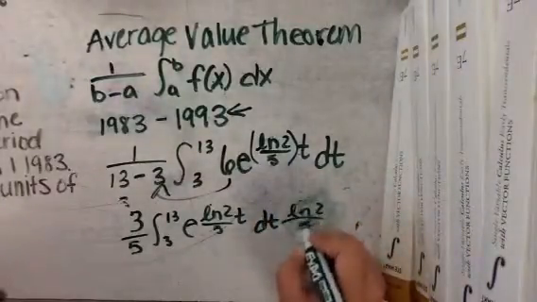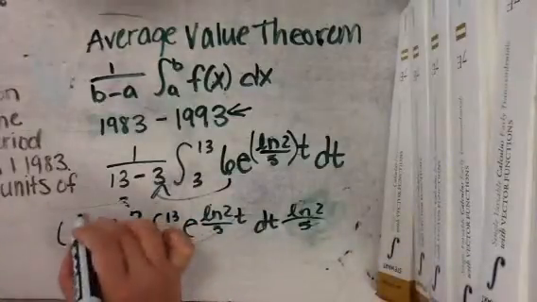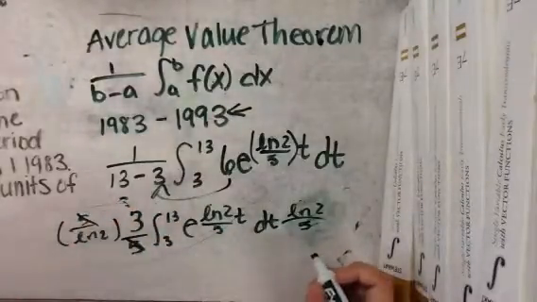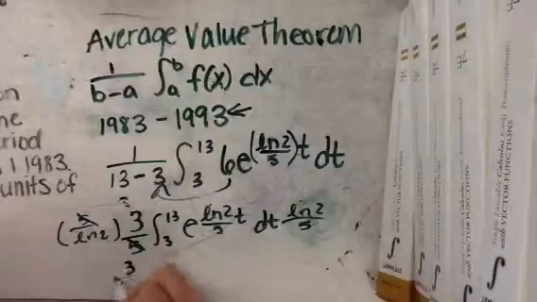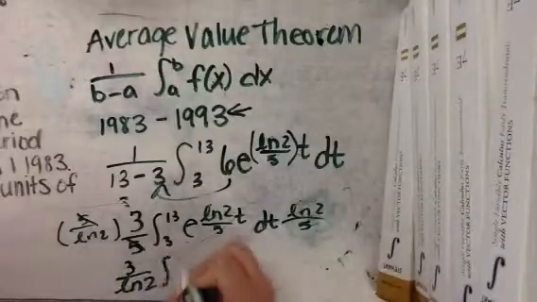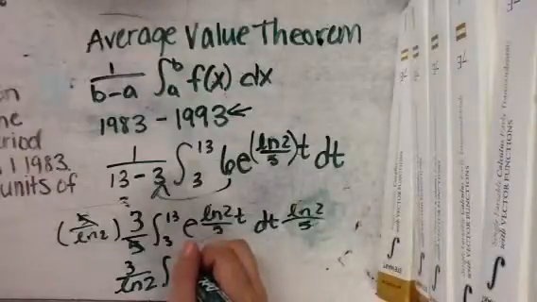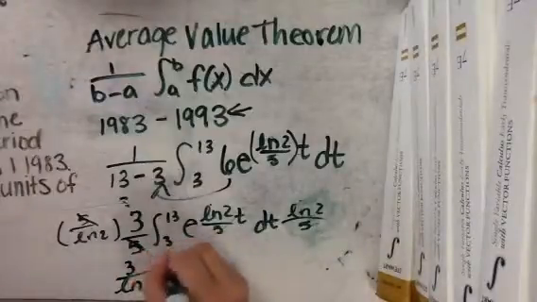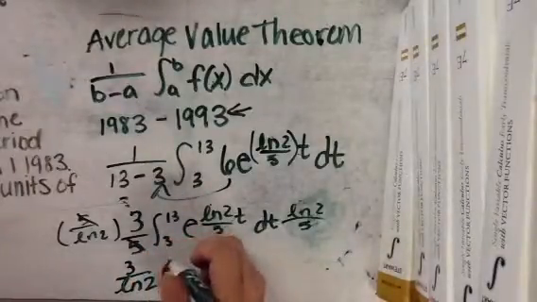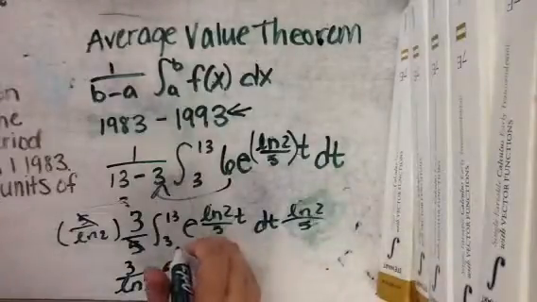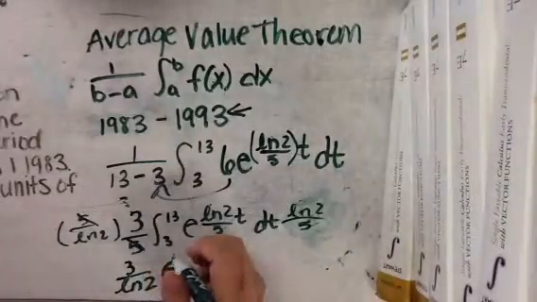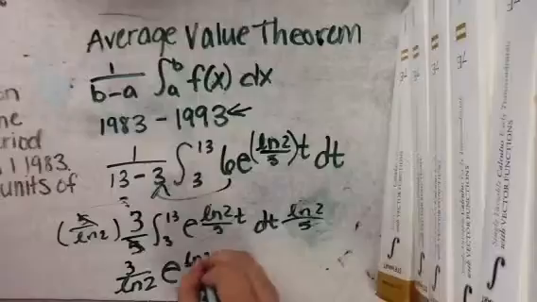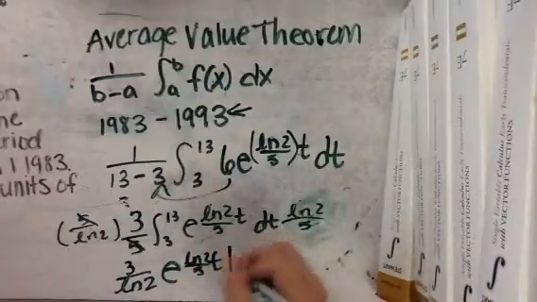Then using u substitution of ln of 2 over 5, the 5's will cancel out, and we'll be left with 5 over ln of 2 times e to the ln of 2 over 5 t evaluated from 3 to 13.